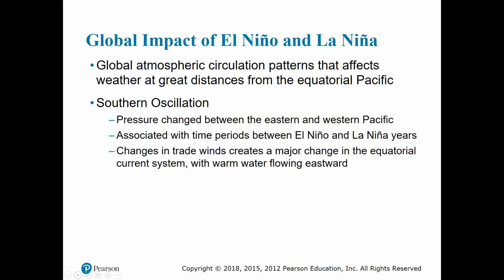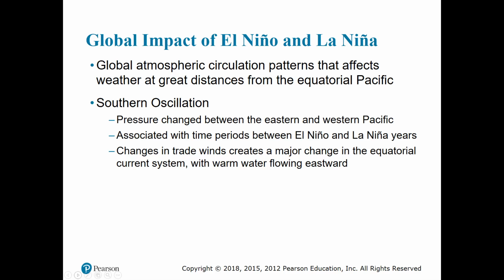During an El Nino event, winter temperatures are warmer than normal in the north central United States and parts of Canada. Wet winters in the southwestern United States and in Mexico, and then the southeastern United States experiences wetter and cooler conditions. And we also have noticed that in El Nino years, we have a lower than average number of hurricanes in the Atlantic Ocean.